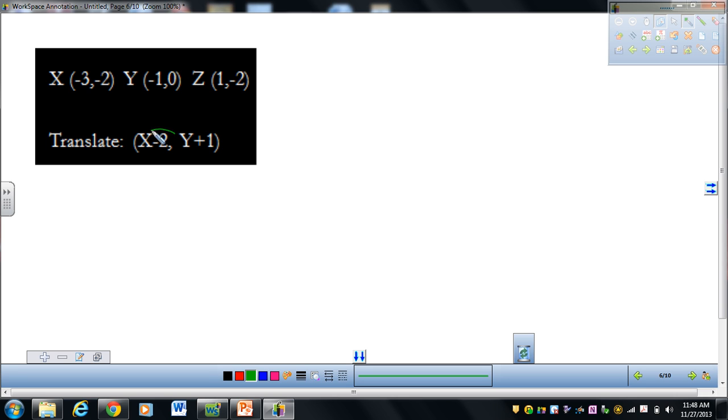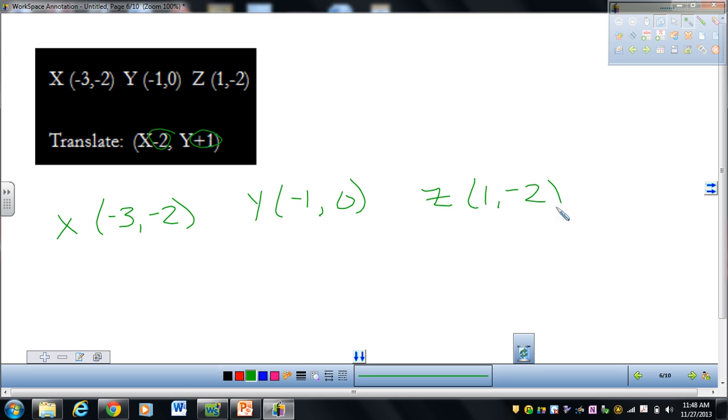This one tells me to subtract 2 from my x value and to add 1 to my y value. So I've got my x value is negative 3, negative 2. My y is negative 1, 0. Z is 1, negative 2. Okay, so it tells me to subtract 2 from my x value.